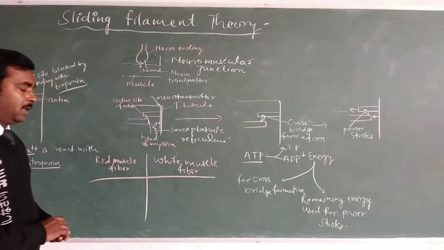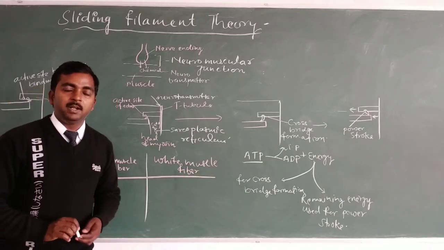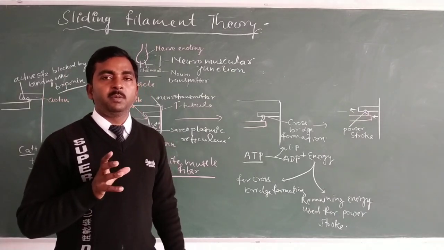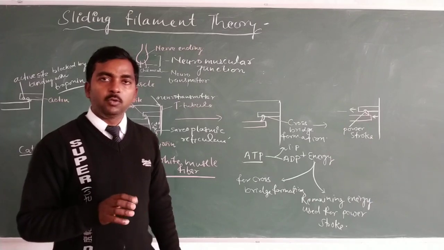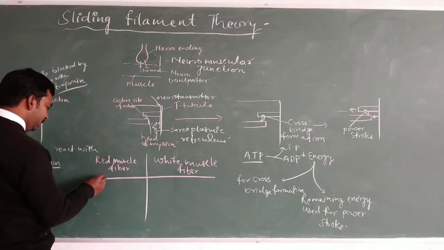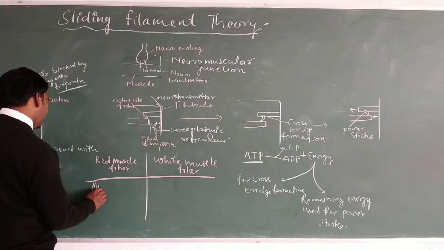So red muscle fiber and white muscle fiber are classified on the basis of the presence of a special pigment, a red colored pigment compound known as myoglobin. So myoglobin is present in the red muscle fiber.